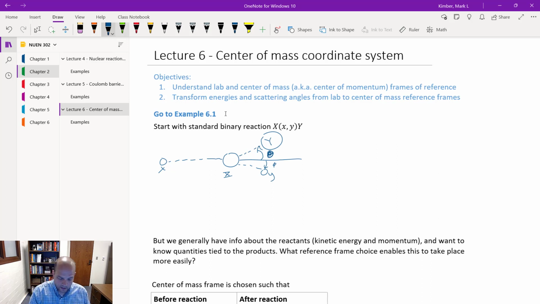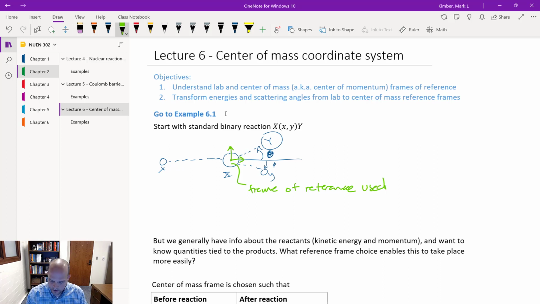What we did up until this lecture is we're putting our frame of reference on this target particle. So this here is our frame of reference. And we're going to call this the lab frame.